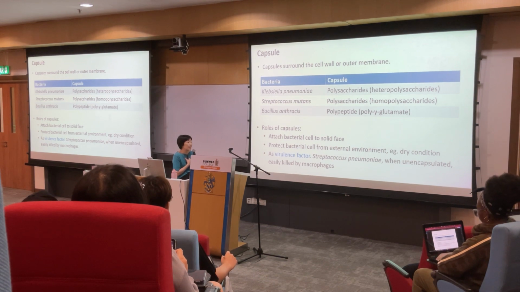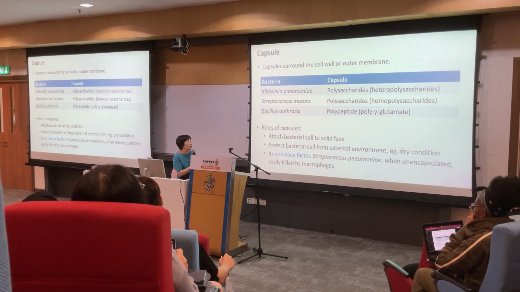Without the capsule it is not virulent and can be easily killed by the macrophages. However, if it contains the capsule, it is very infectious. From this kind of experiment, they know that with or without the capsule can determine whether it is virulent or not.